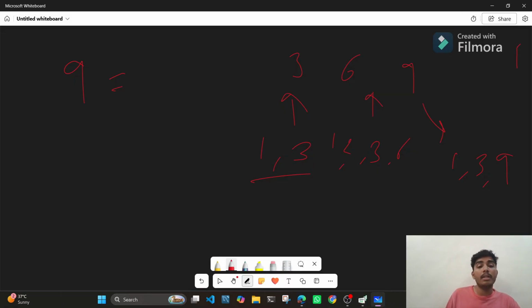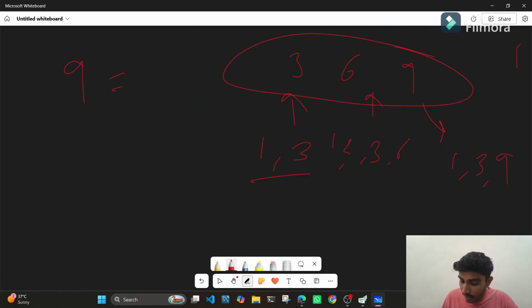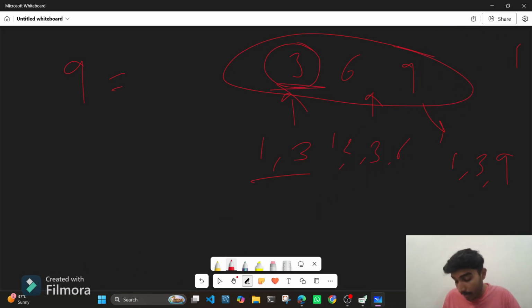Prime numbers are the numbers that are divisible only by 1 and the number itself. So from these three numbers, 3 is a prime number.